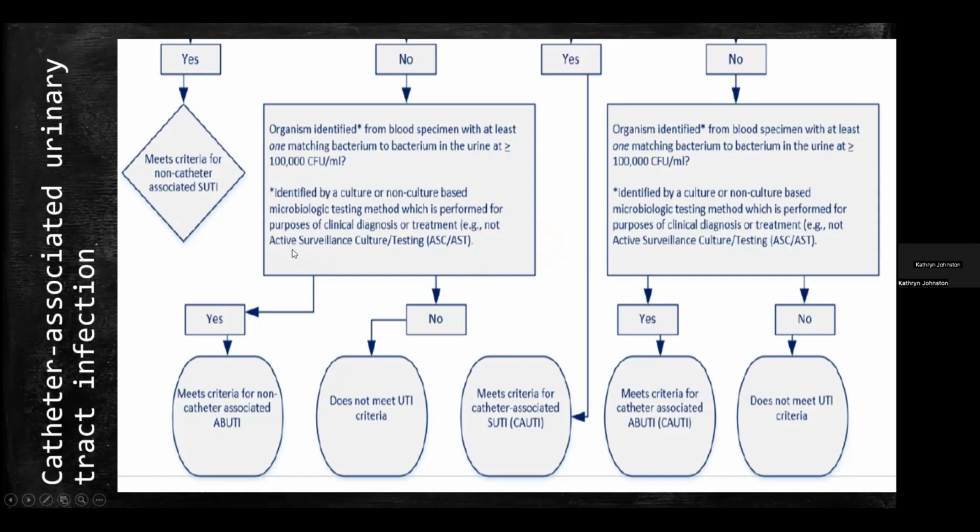So if you work in a facility that does routine screening, like I know quite a few hospitals do routine respiratory specimens from patients that are ventilated, so they do ET suctioning and they will send a specimen, that is considered a surveillance culture, and it can't be used for the purposes of HAI surveillance.